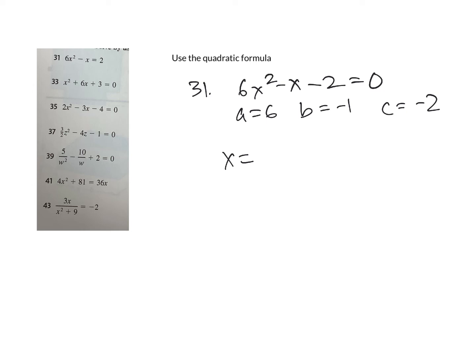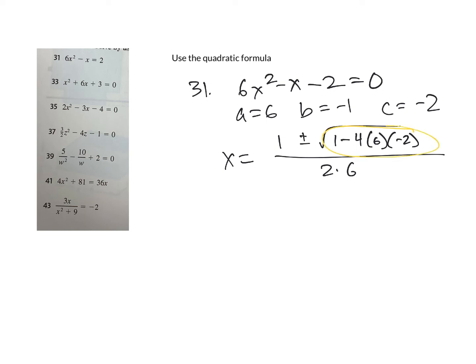So x equals negative b, which is +1, plus or minus the square root of b squared minus 4 times a times c, all over 2 times a. All right? So the first thing I want you to notice is what the discriminant is. That's going to be positive because the -2 and this -4 here are going to become positive.